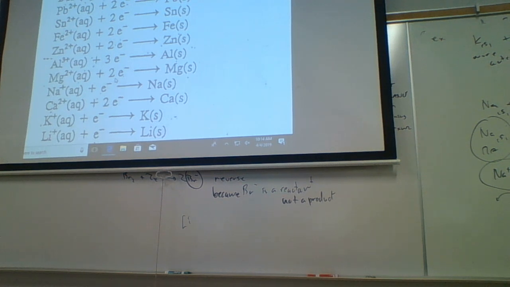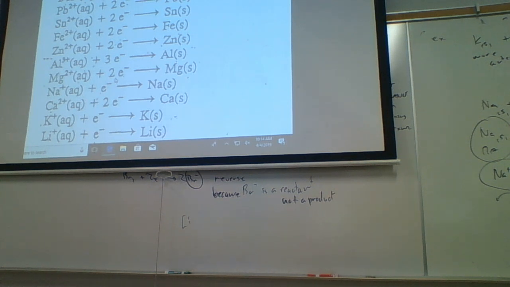So sodium solid goes to sodium ion plus an electron. And then for water, we'll just take it as it was written before. 2 water liquids plus 2 electrons yields hydrogen gas plus 2 hydroxide. And then we're going to combine them.